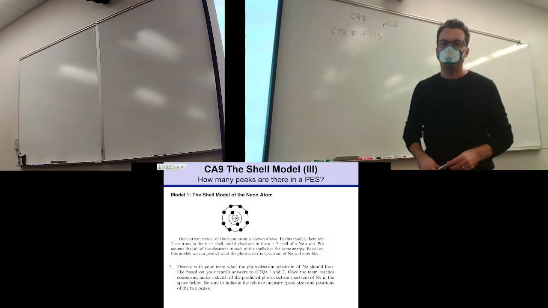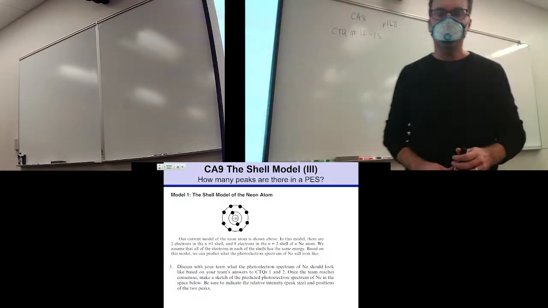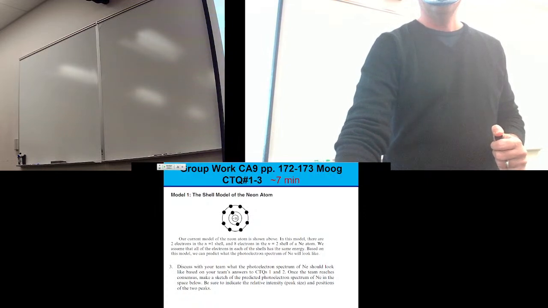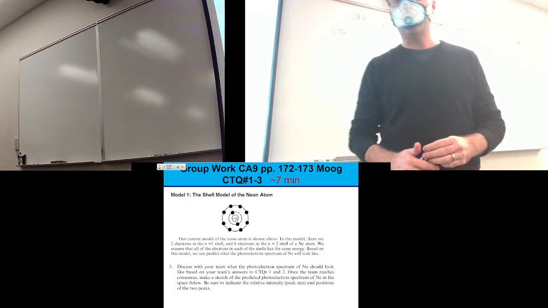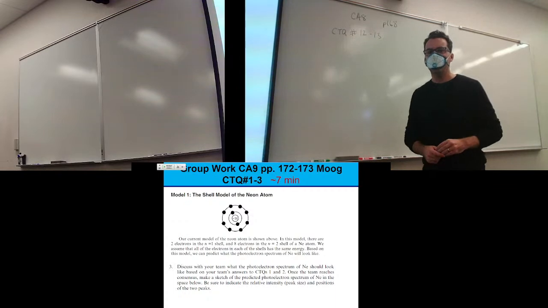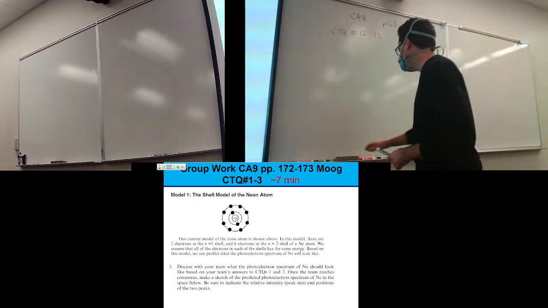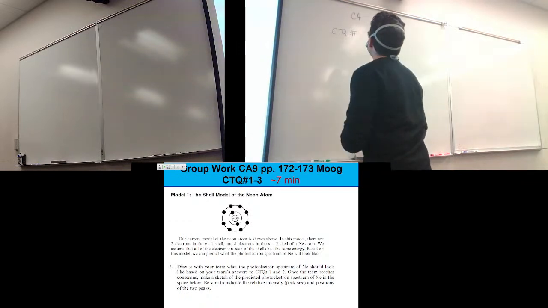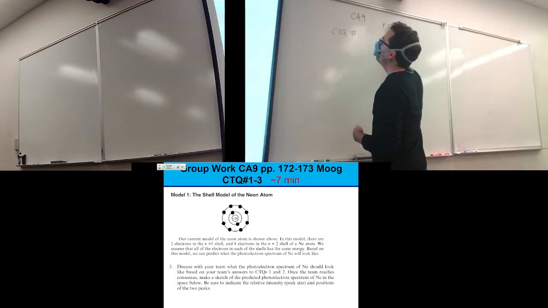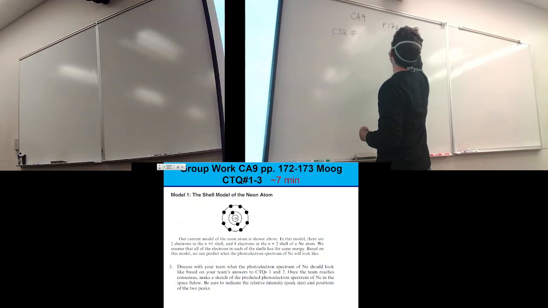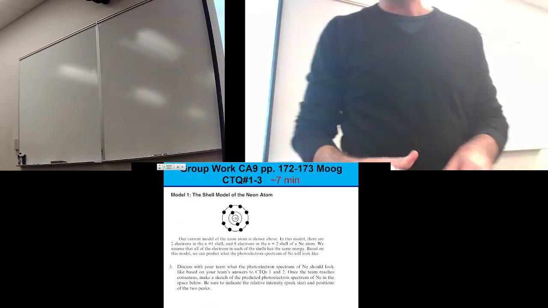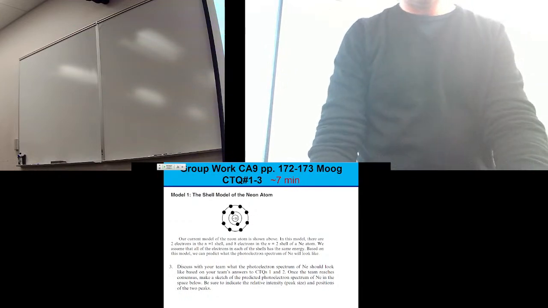All right, so let's take a look at some more examples. We're going to start with questions 1 through 3 of Chem Activity 9. So pages 172 and 173, 1 through 3. We'll spend about 7 minutes doing that.